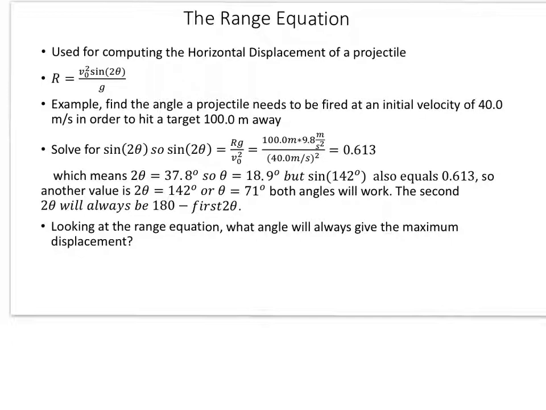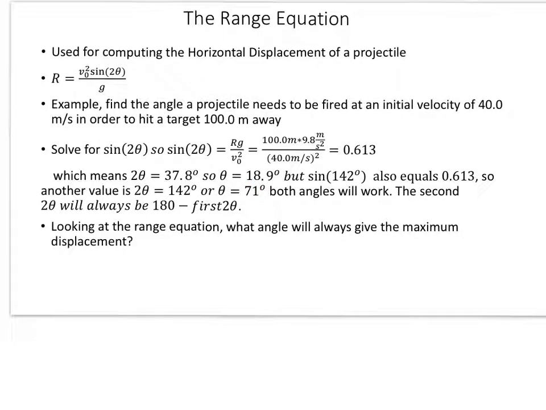Okay, now we do an inverse sine of 0.613, and that's going to give us 37.8. So that tells us now that 2 theta is 37.8 degrees. So now to find theta, we simply divide 37.8 by 2, we get 18.9 degrees.